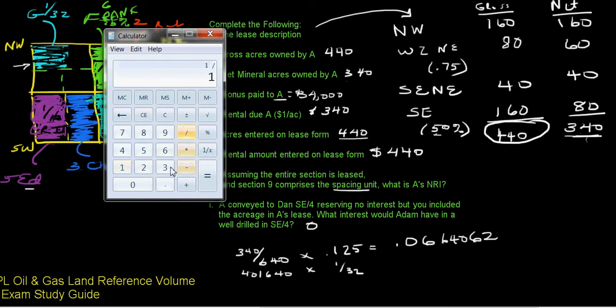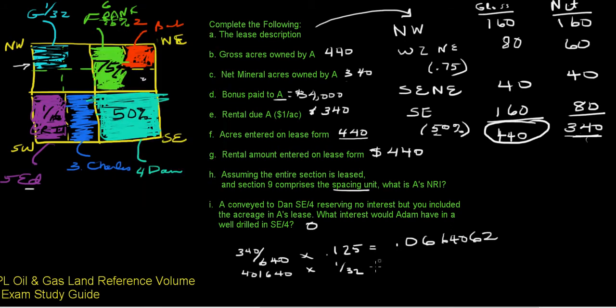That interest is going to be 0.03125. So we're going to subtract out from this net revenue interest that 1/32nd interest that she conveyed to George.